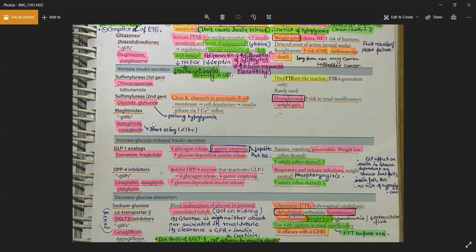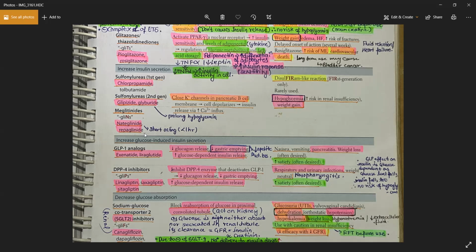If the patient has taken the glinide ones, repaglinide and nateglinide, these are the short-acting ones. Only one dose of glucose is sufficient to recover from the hypoglycemia. So Step 1 can give you a history of a patient who has a high C-peptide level.